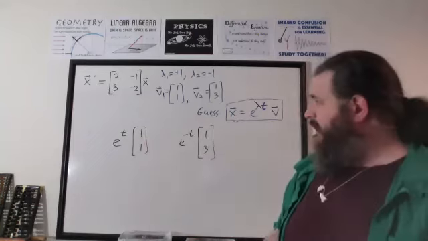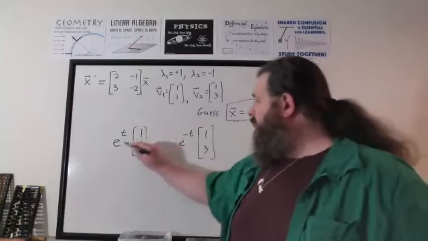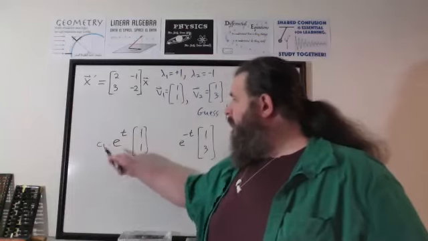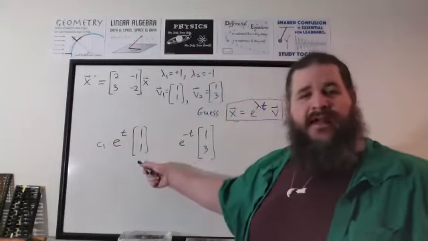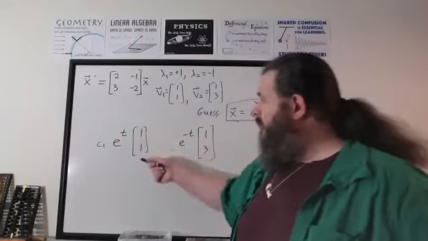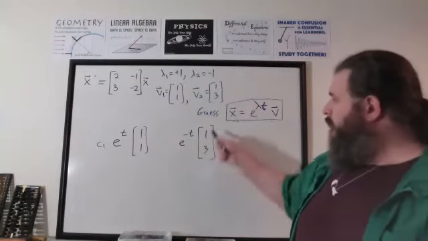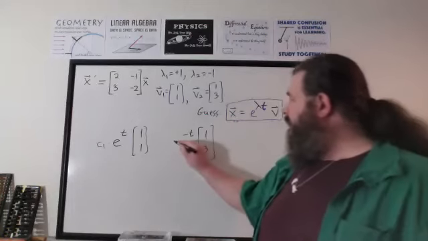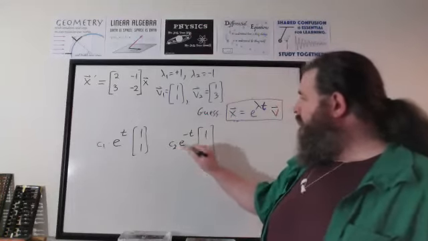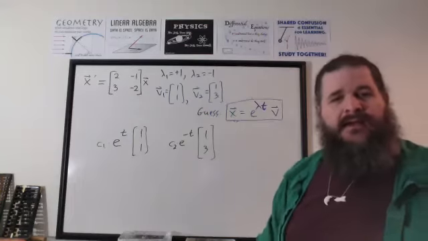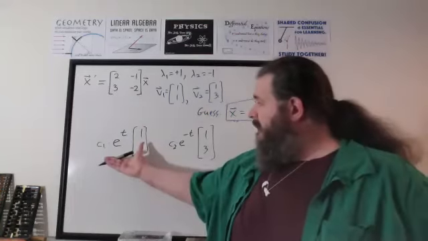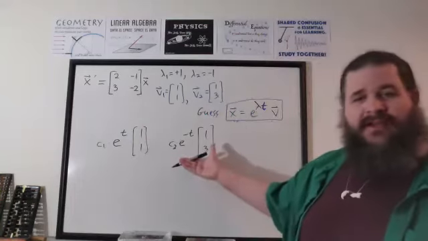Yeah, you could multiply by any scalar. So let's say we multiply this by C1. C1 times 1, 1 is still an eigenvector. So C1 times 1, 1 times e to the t is still a solution. Likewise, 1, 3 could be multiplied by any scalar. So let's call this C2 times e to the negative t times 1, 3. Now we have infinitely many solutions and also infinitely many solutions.